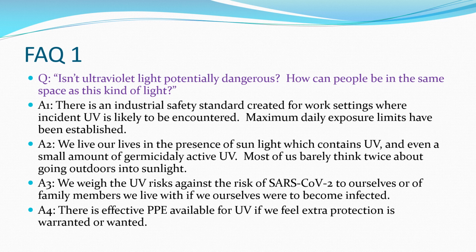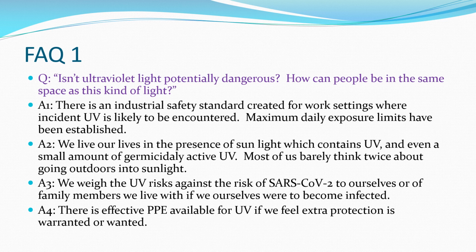Answer 2, we live our lives in the presence of sunlight, which contains UV, and even a small amount in the germicidally active UV. Most of us barely think twice about going outdoors in the sunlight, especially for shorter periods of time, like say an hour, the amount of time that you would sit at a table in a restaurant.